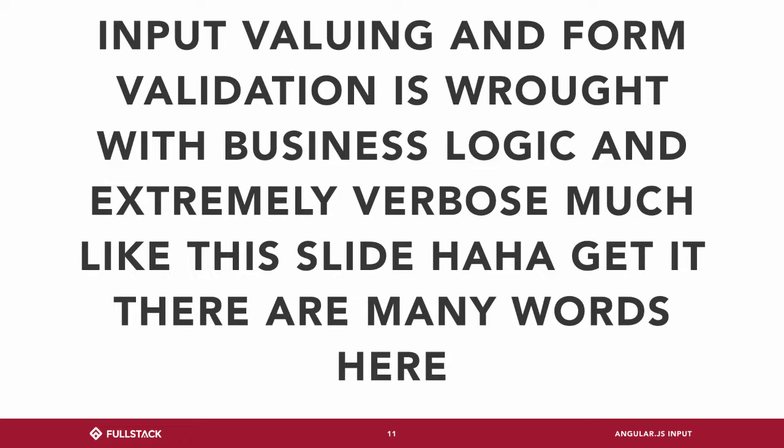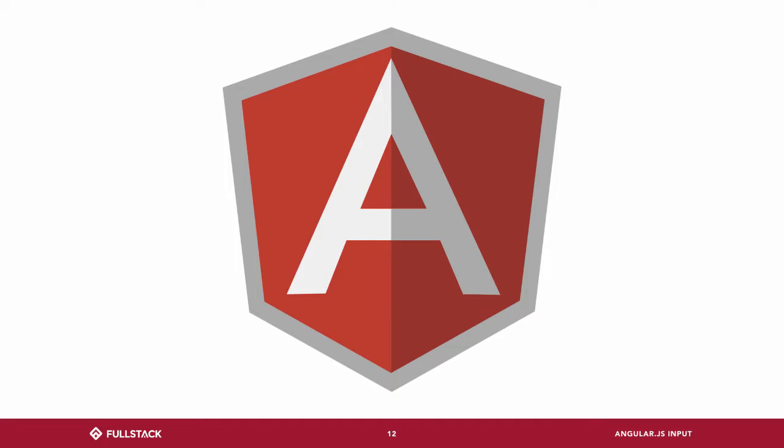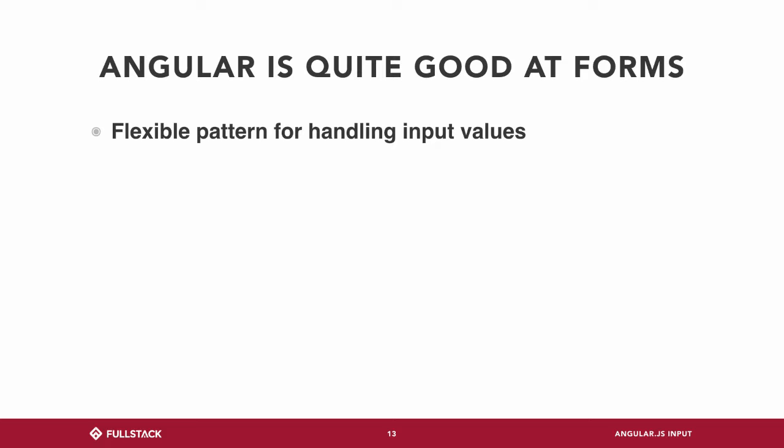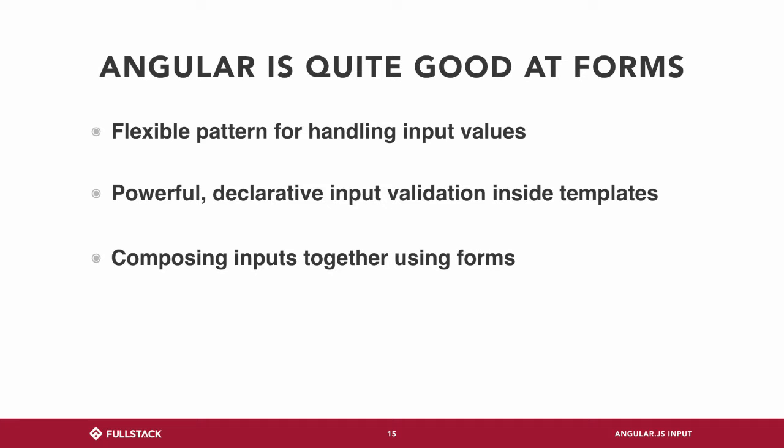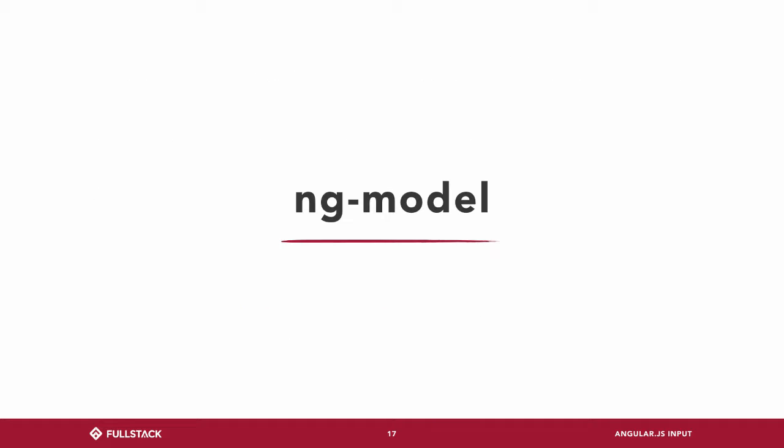Basically no one wants to end up doing this, so there's some framework that they end up using. Angular has some stuff built in. It's a flexible pattern for handling input. It's declarative, by declaring something as an email, by declaring something as required. We could compose these things together, and it allows us to build these things up. And you've seen this already.